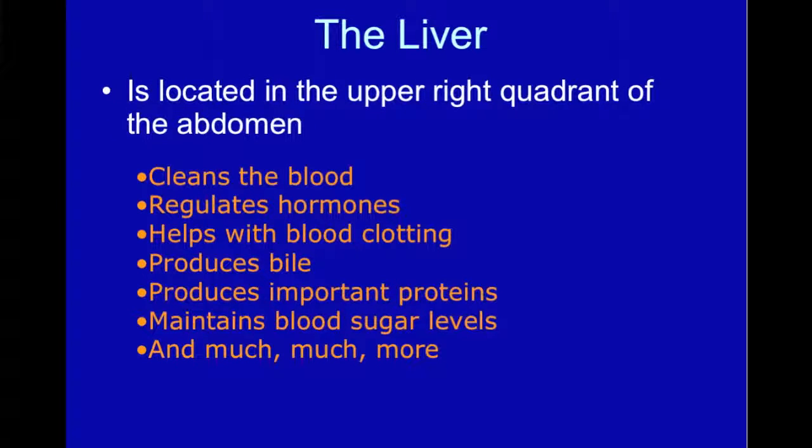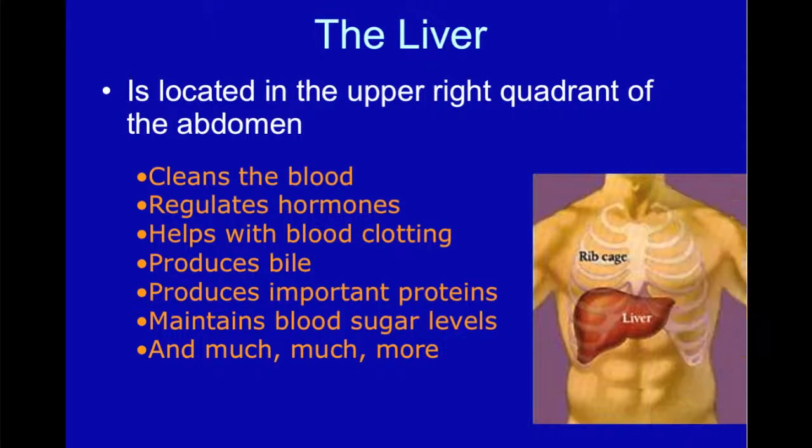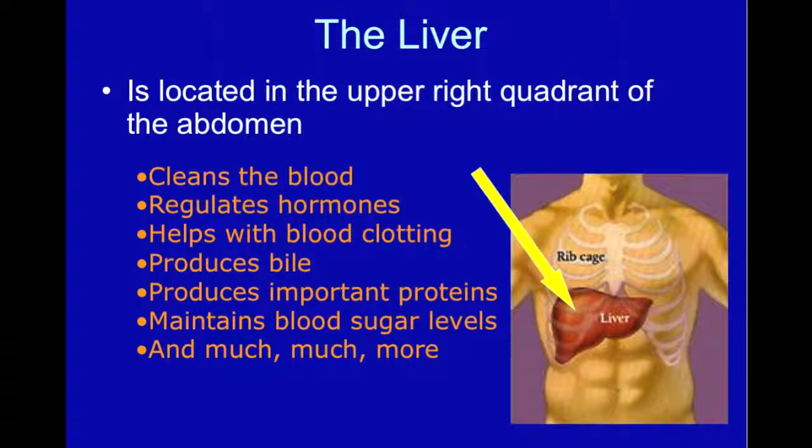It's located in the upper right quadrant of the abdomen. You'll see a picture of that right there with the arrow pointing to it. When you have hepatitis, many times the liver will swell and become quite a lot larger, and you'll actually be able to feel it down under the rib cage on the right hand side.